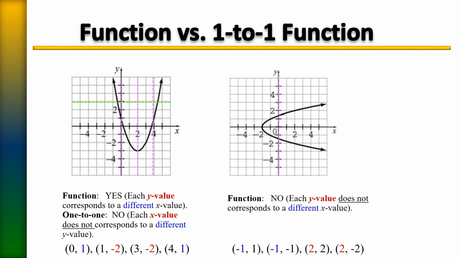However, if we do the horizontal line test, we will only intersect the graph in one point. So therefore, it is a one-to-one function. Just a recap: with a regular function, you cannot have two of the same x values. For a one-to-one function, you cannot have two of the same y values. And there you have it, a function versus a one-to-one function.